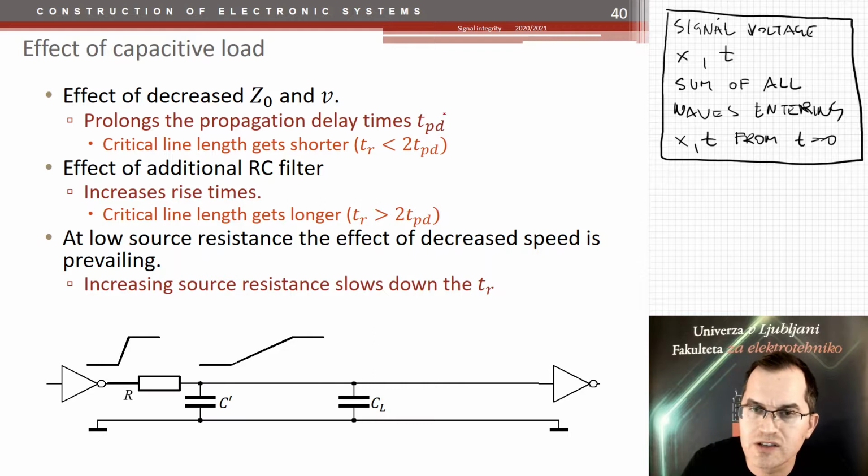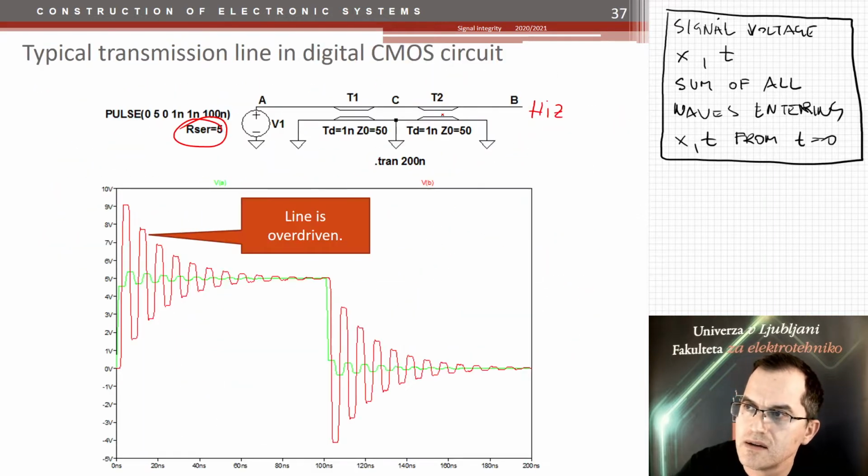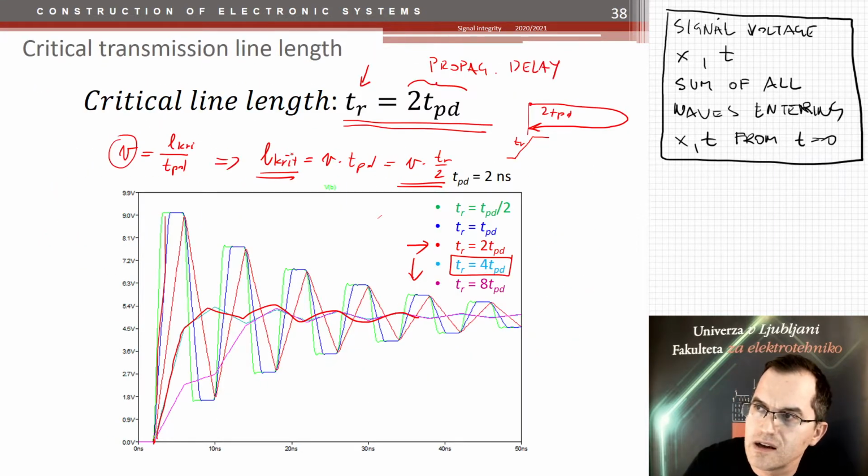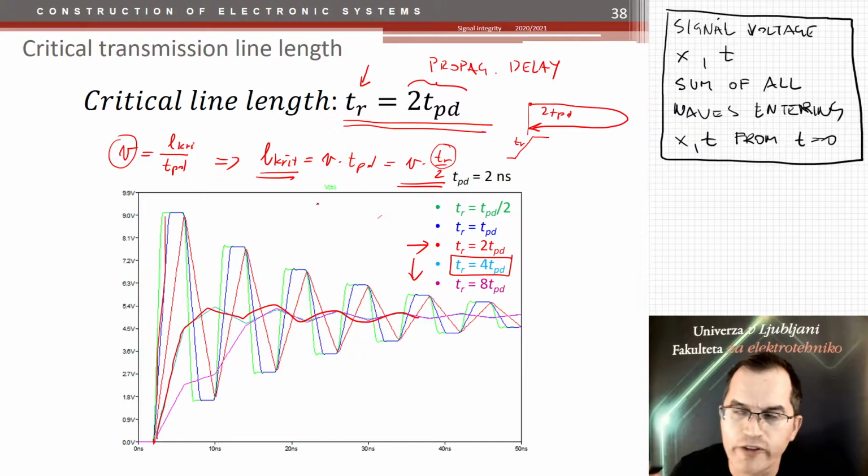If the propagation delay time is prolonged, then the critical line length gets shorter. You see here? The critical line length gets shorter if the propagation delay increases. Because if that one increases, then the rise time of the same line would also have to increase.